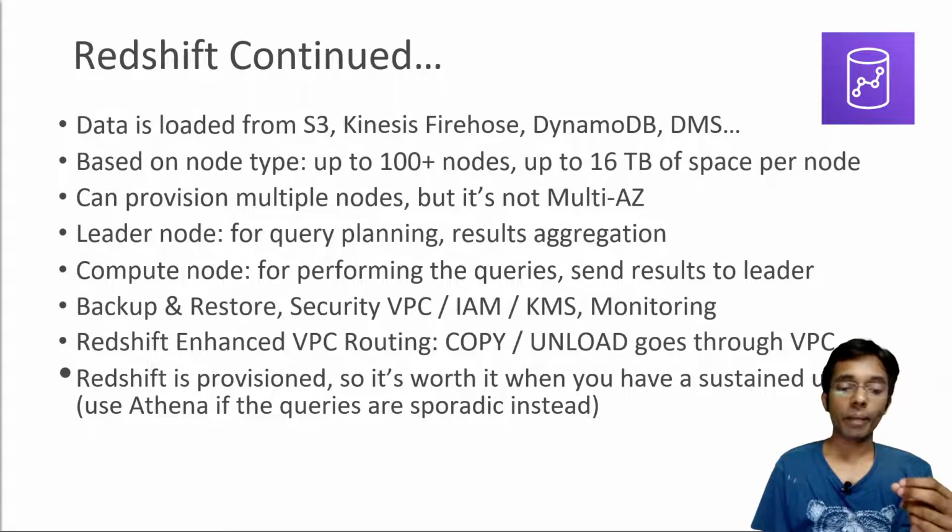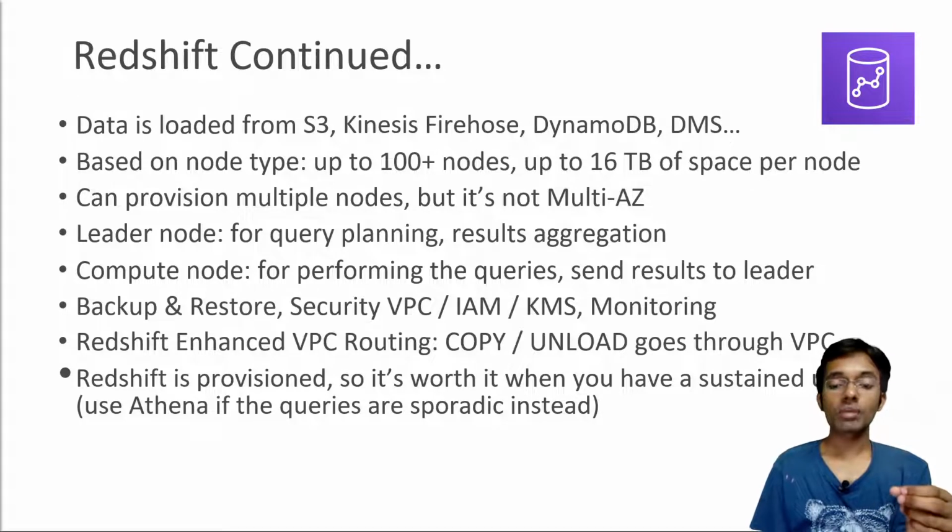Redshift is a managed service, and therefore we have backup and restore facilities. It's launched within the VPC. So we have VPC enhancements, IAM security for accessing the clusters, KMS security for encryption of the data, and monitoring through CloudWatch. There is also Redshift Enhanced VPC Routing, which makes sure that your COPY and UNLOAD go directly through the VPC.